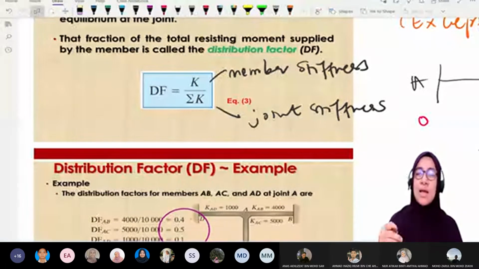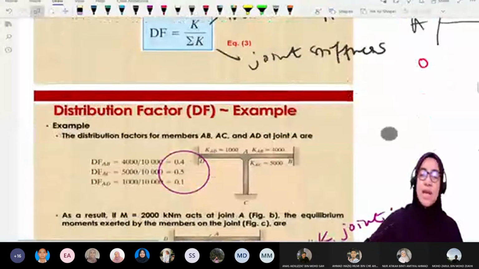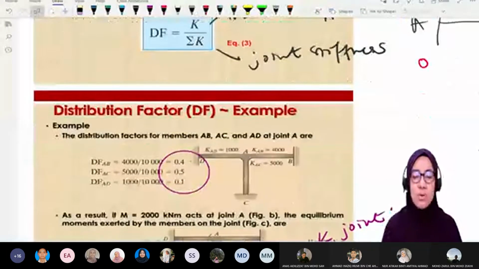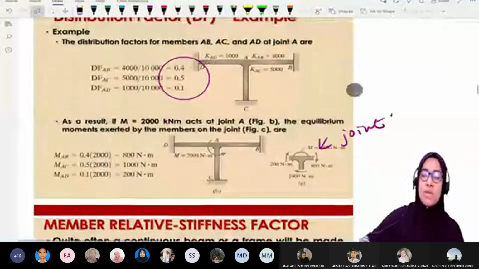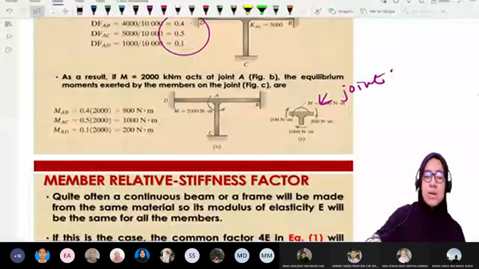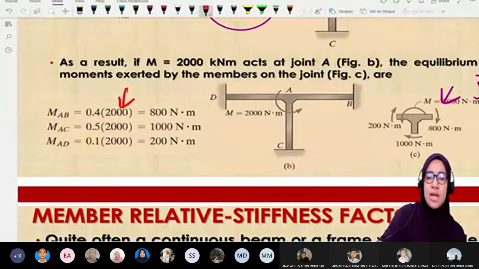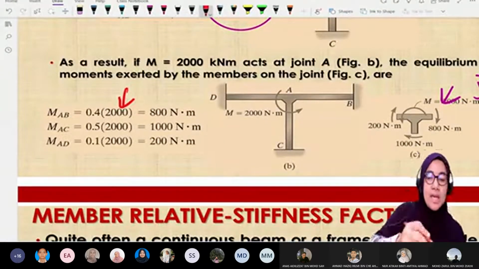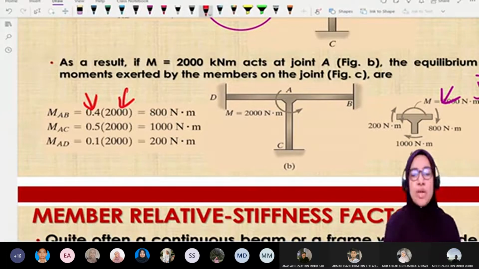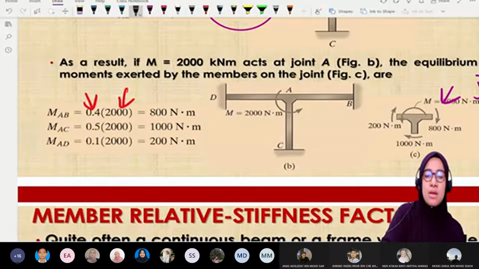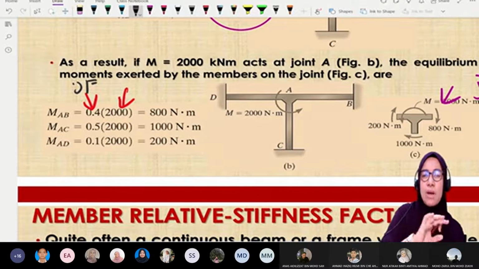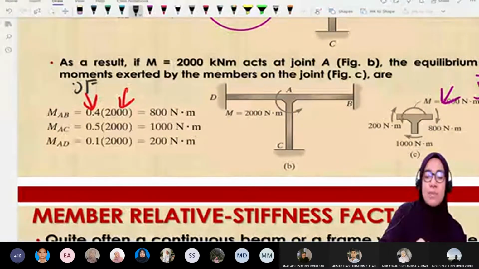So kita akan ulang this process again and again until the moment reaches zero value. In this case yang 2000 ni nama dia joint moment. Yang 0.4, 0.5, 0.1 ni nama dia distribution factor. Ini proses yang berlaku dalam table.